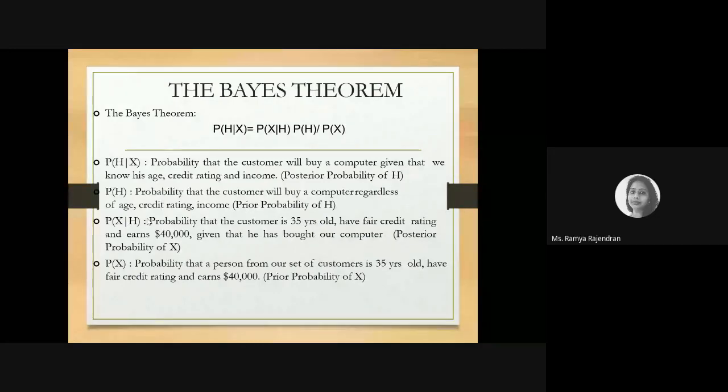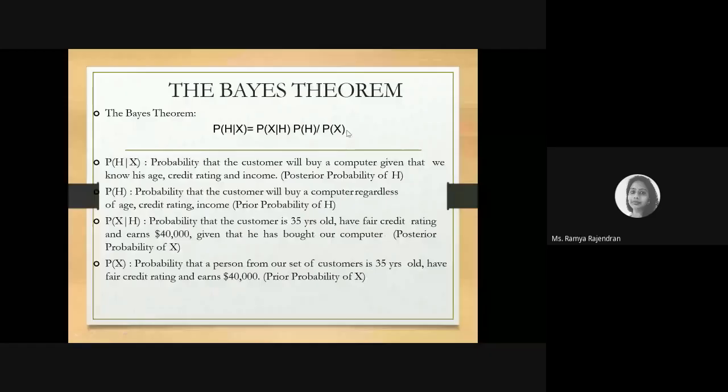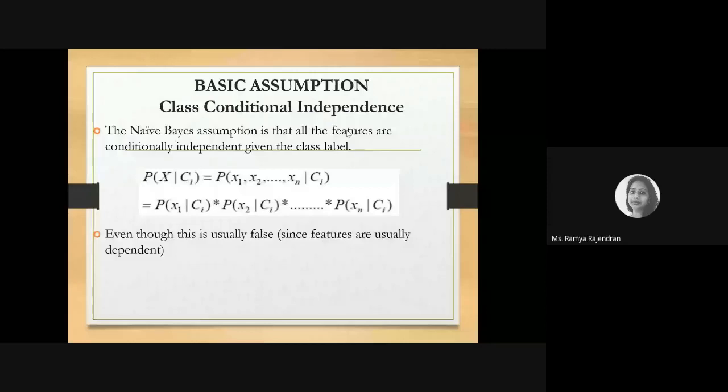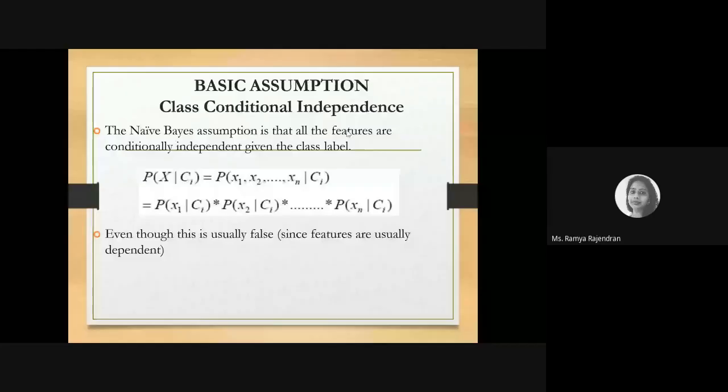We'll look into a very simple example so that you'll be able to understand this better. But before that, you have to understand a basic assumption on which Naive Bayes operates. It assumes that all the variables are independent of each other. It assumes all the attributes are completely independent, which is sometimes completely false.